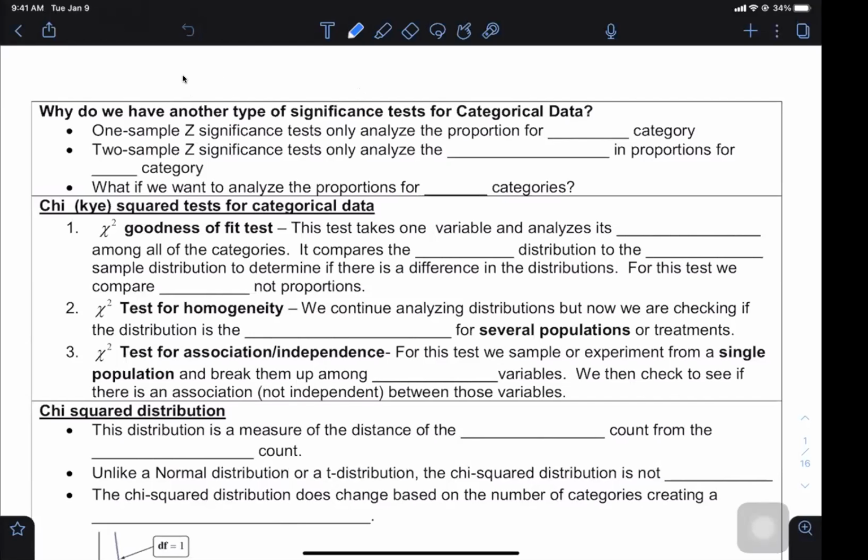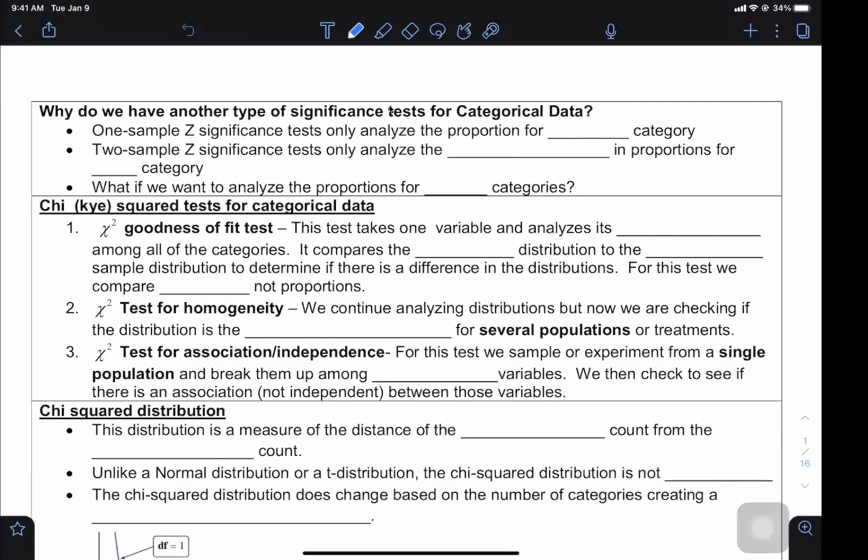So today we are going to talk about the chi-square test. A chi-square test is different from what we learned in the past 3 weeks.